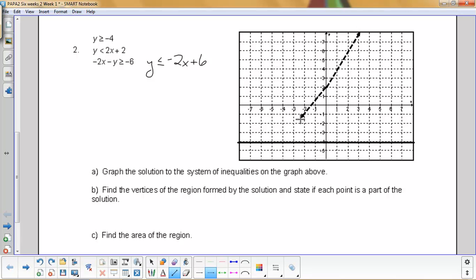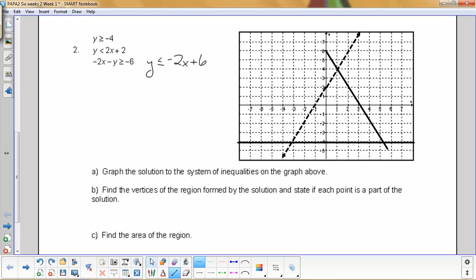Likewise, I will go in the opposite direction as well, which is probably the more important direction since it intersects with -4. All right, then finishing off with negative 2x plus 6, starting here, going here, all the way through.